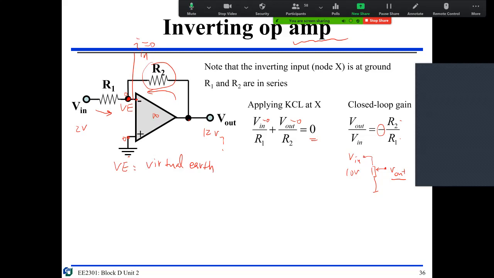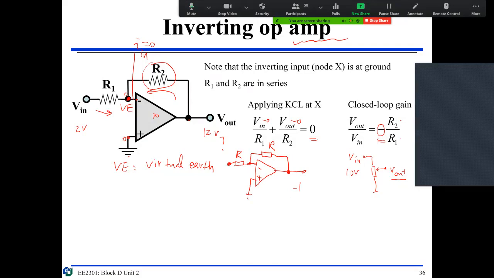But you may say, "Hey, I don't like this negative sign. What are you going to do? I want to remove this sign." Easy. You construct another one, and you put this one arbitrary R, and another one arbitrary R. Then you can see from here to here is -1.